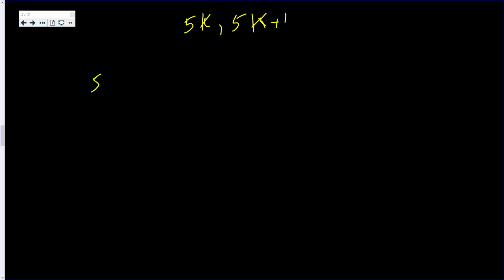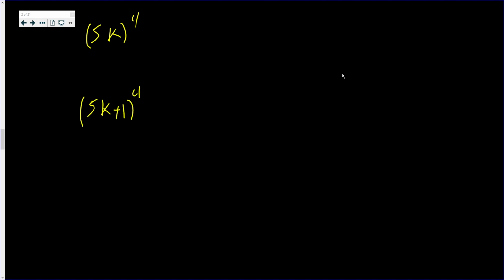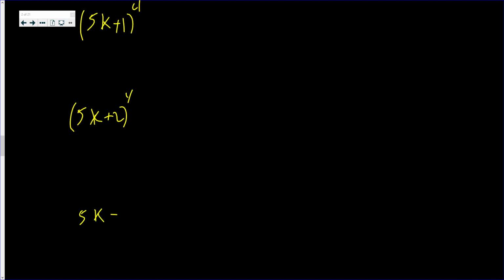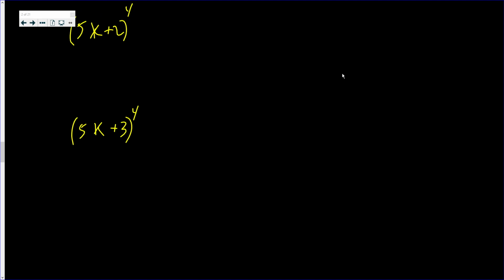So we're going to have 5k to the 4th. We're going to have to look at 5k plus 1 to the 4th, 5k plus 2 to the 4th, and lastly, 5k plus 3 to the 4th. Oops.